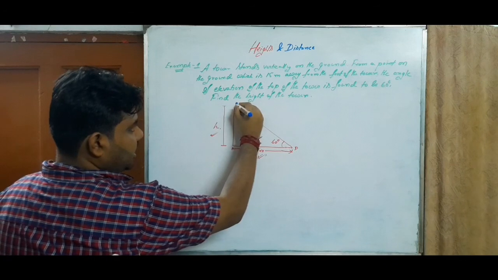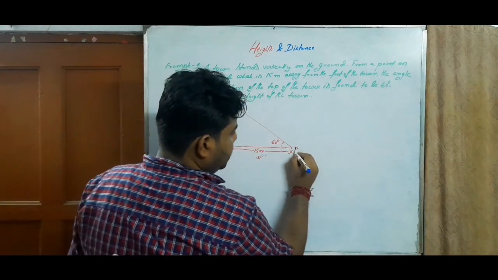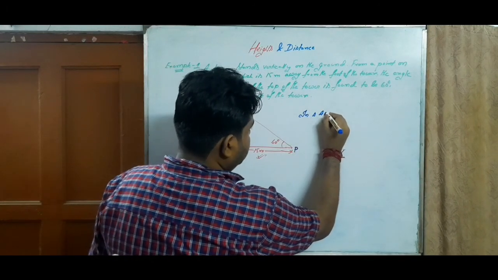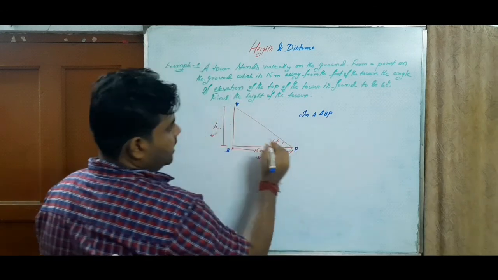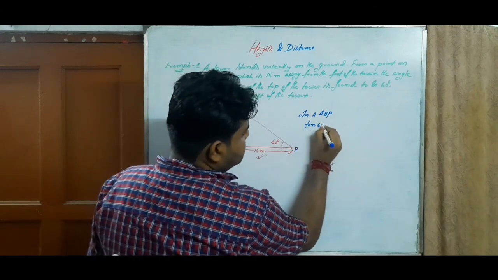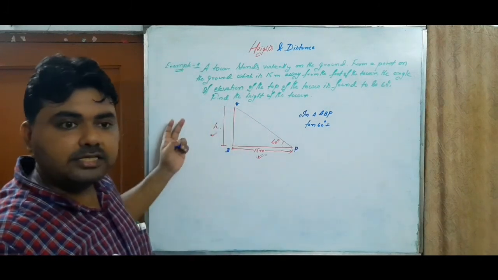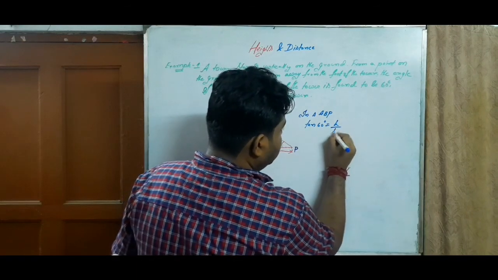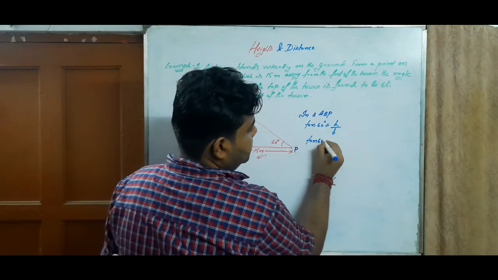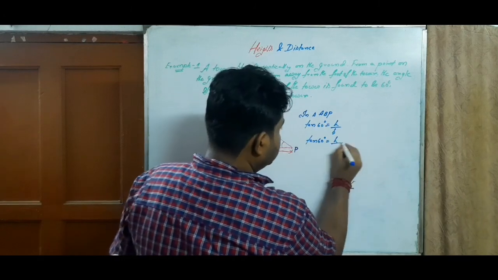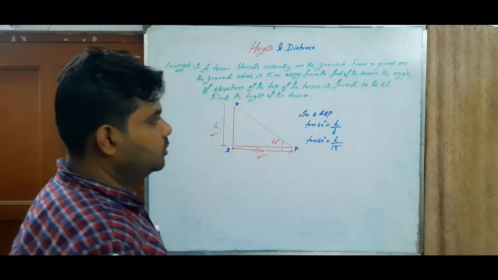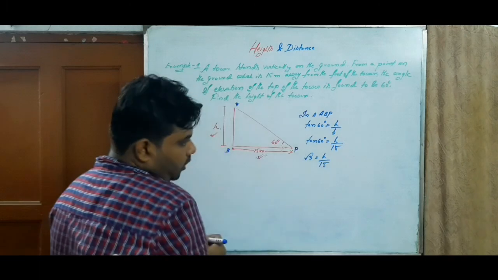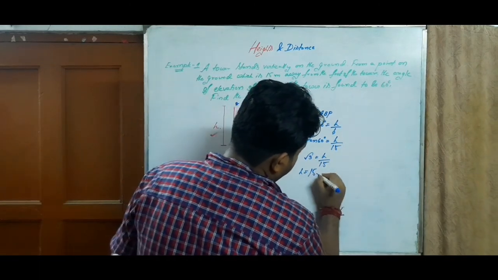Let this be A, B, and this is P. Now in triangle ABP, tan 60 equals perpendicular by base, that is h by b. Therefore tan 60 equals h by 15. The value of tan 60 we know, that is root 3. So root 3 is equal to h by 15, or h equals 15 root 3.